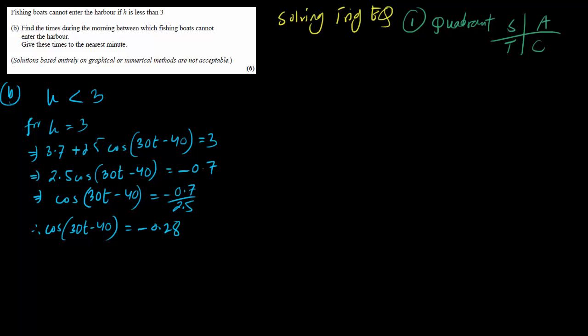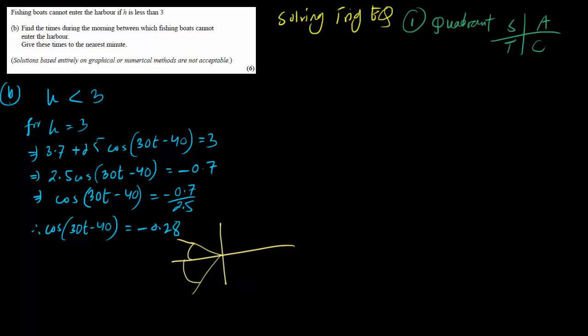So that's the first step. So let's do this. Since cos theta is negative, in this quadrant cos is negative, in this quadrant only sine is positive, and in the third quadrant only tan is positive. So we have selected this.